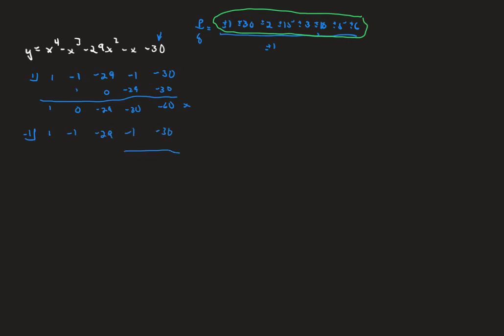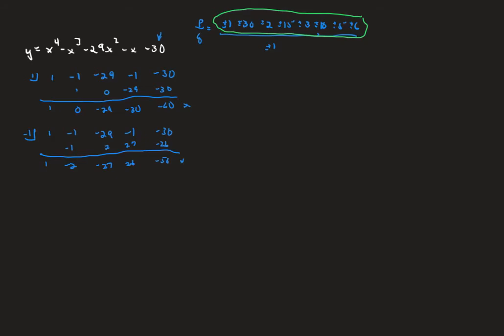Remember, we're trying to get something that will make the remainder 0. So I'm going to go 1, negative 1, negative 2, positive 2, negative 27, positive 27, and 26, negative 26. Oh, nope, that's not going to work either.